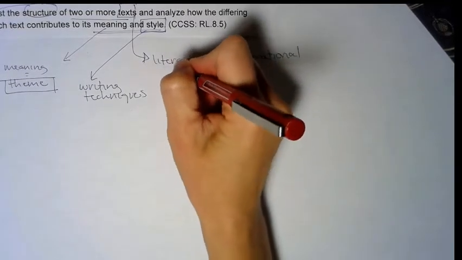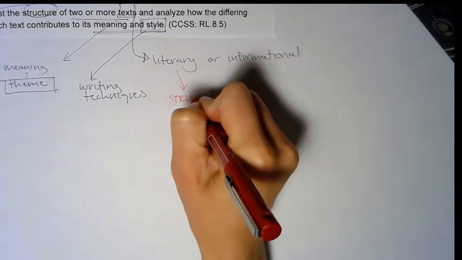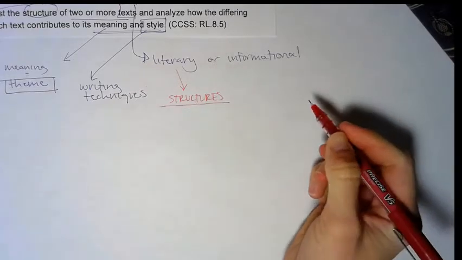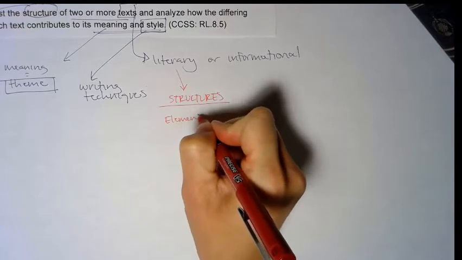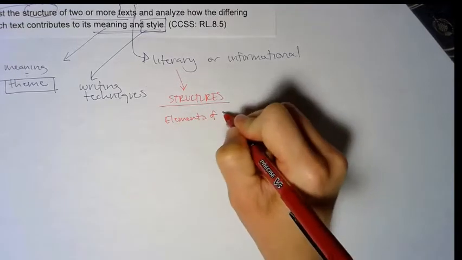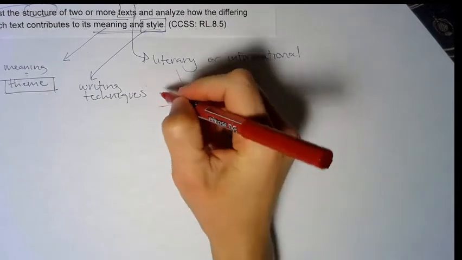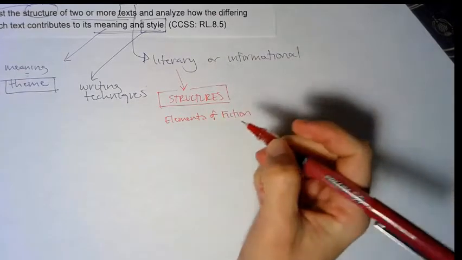So literary texts, structures of literary texts include elements of fiction. So these you've probably learned a little bit about before, right? Hopefully this is review.